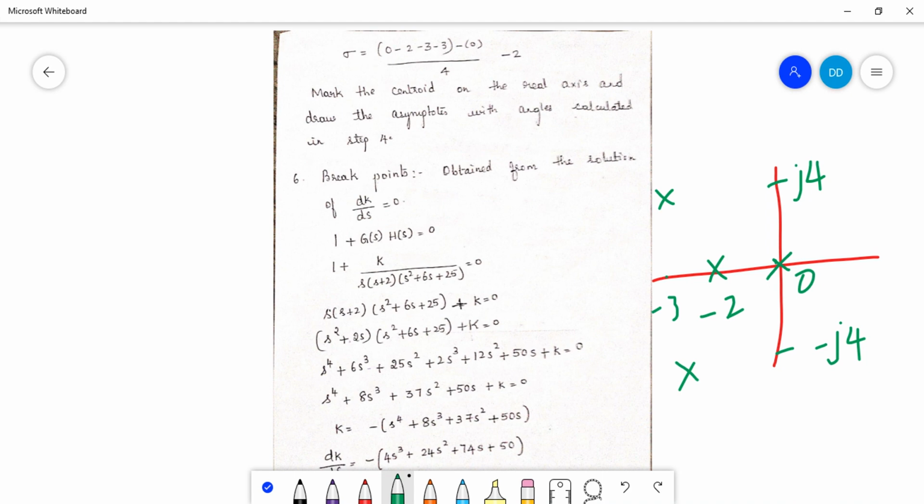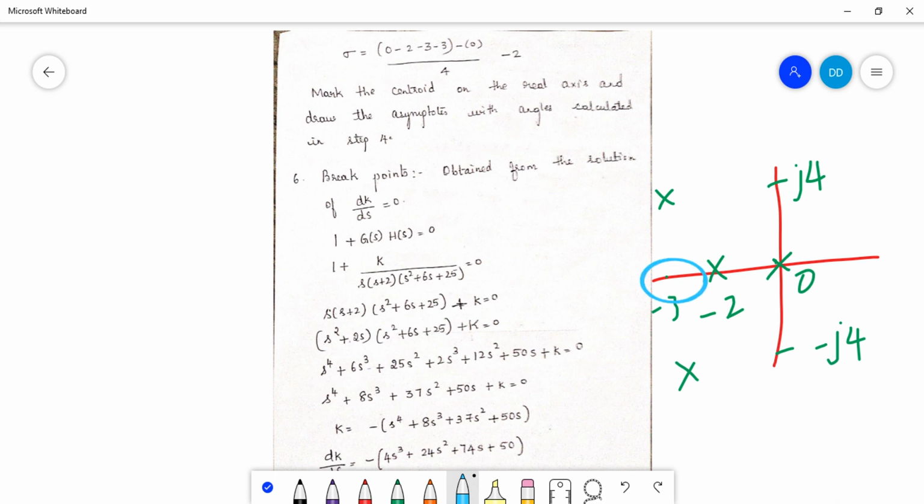Now when we are going to find the area of the root locus, that is the section of the root locus on the real axis, our complex conjugate pairs will not affect it. So when we are looking here, we need not look into this section beyond minus 2.